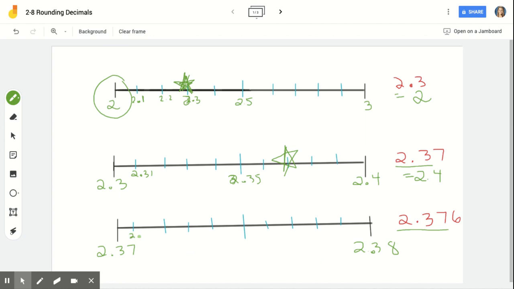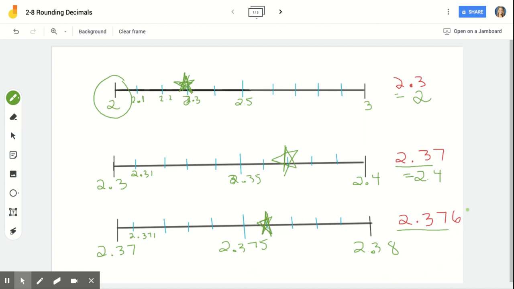So again, 2 371,000ths, and then let's keep going. 2 372,000ths, 2 373,000ths, and so on. I would know halfway in between is 2 and, how do you say this number out loud? 375,000ths. And then my next one would be 2 376,000ths. I'm going to put a star there.